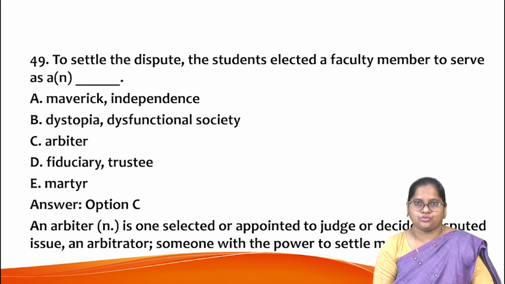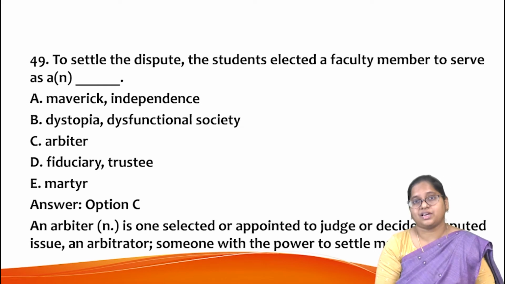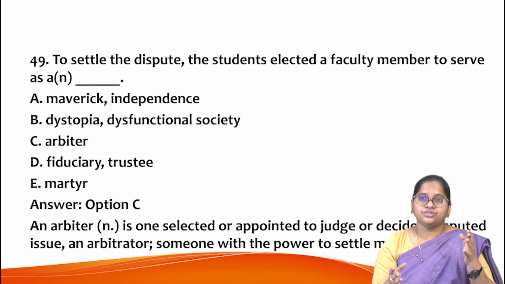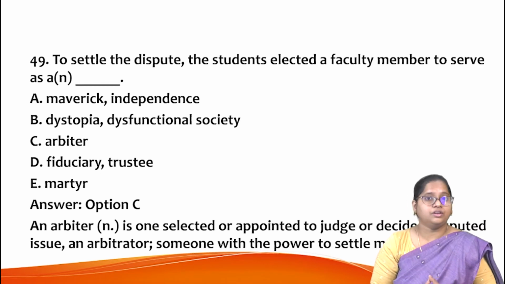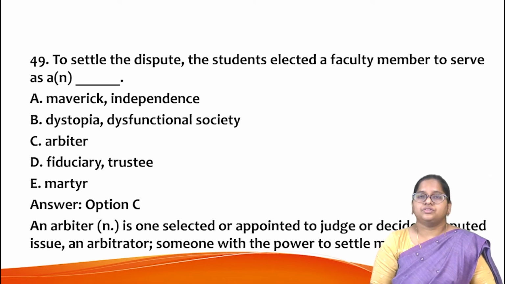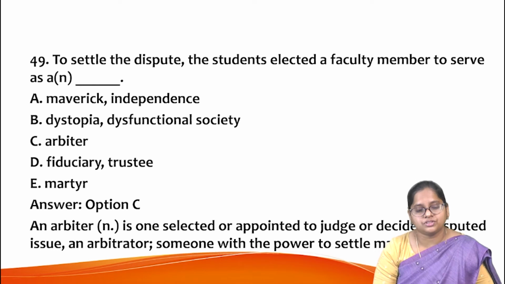Dystopia. What is this dystopia? Where you imagine something, a dysfunctional society that is not really existing. So it's not that. No, that is a different concept. To settle the dispute, the students elected a faculty member to serve as an arbiter. What is this arbiter?